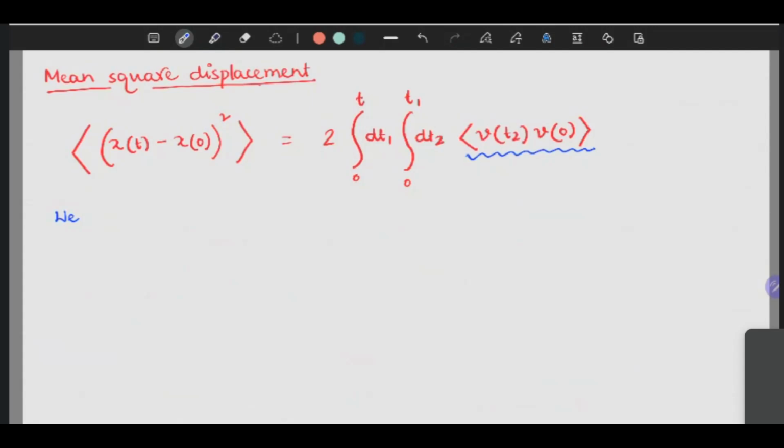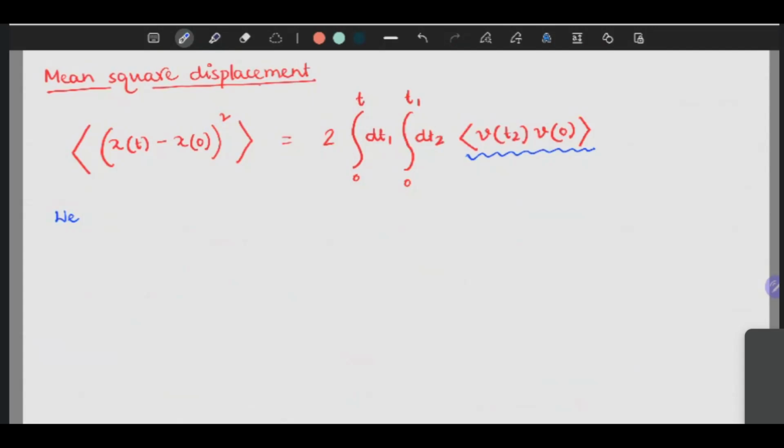Then 2 times the integral from 0 to t of dt1, integral from 0 to t1 of dt2, and you write this relation kBT by m times e to the power minus mod of (t minus t prime) by tau v. Let's say this is the mod value. Now you want to calculate like this.